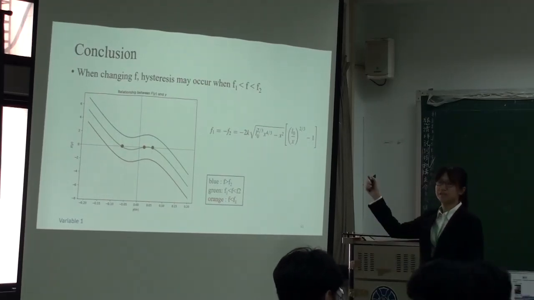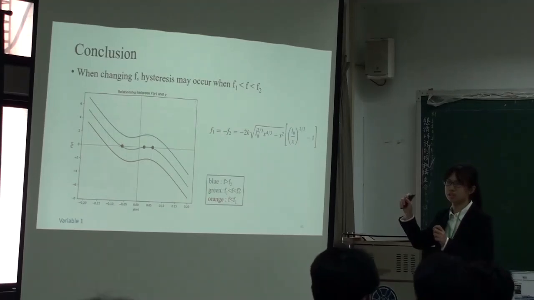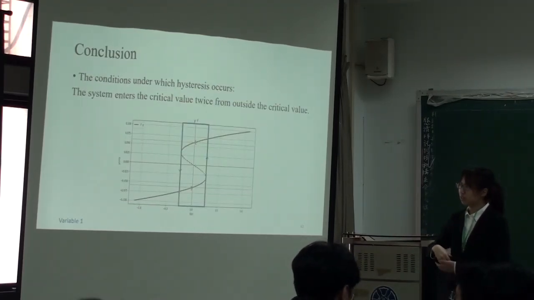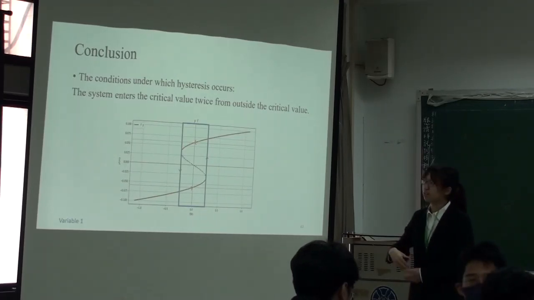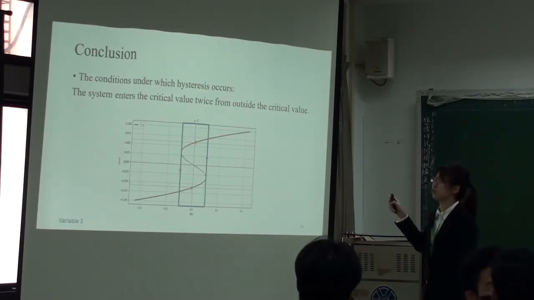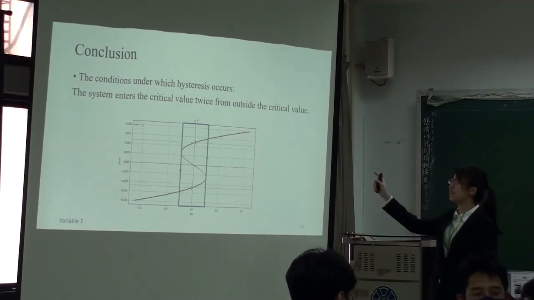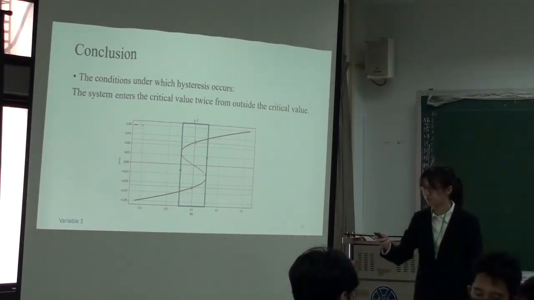We also find the equation to get the critical value of f. For the third experiment, we know that hysteresis occurs when the system enters the critical value twice from outside the critical value.